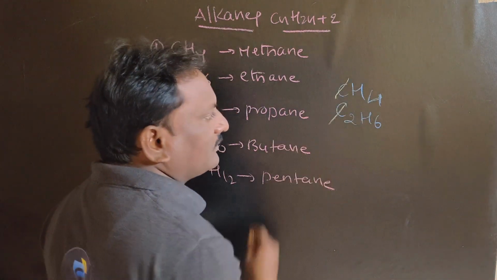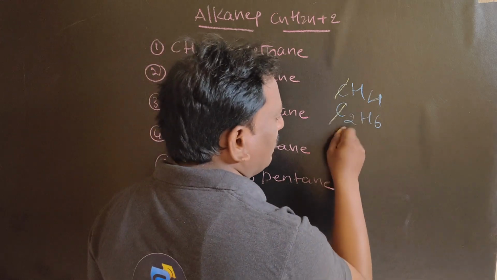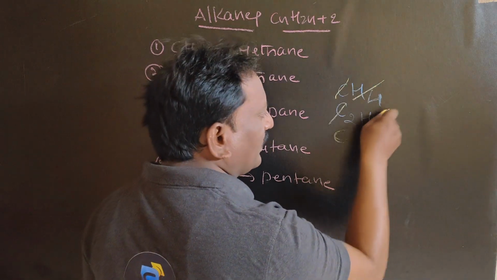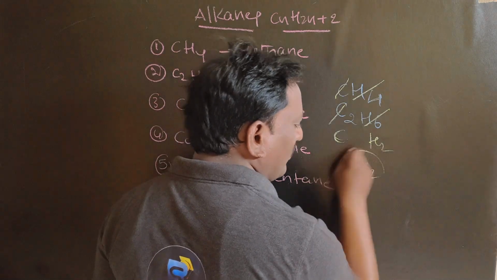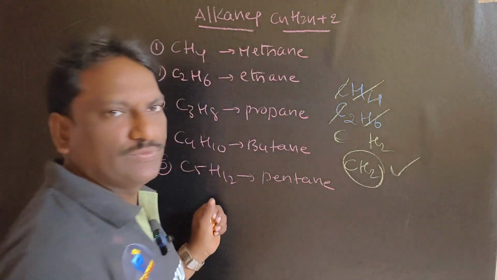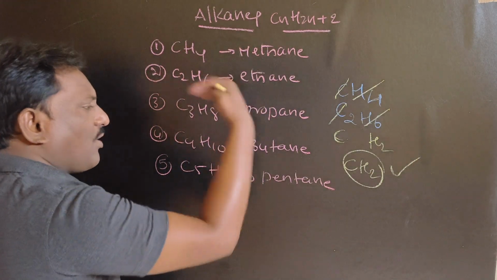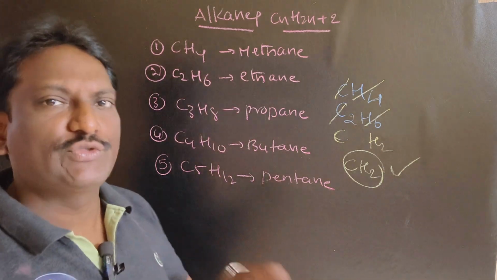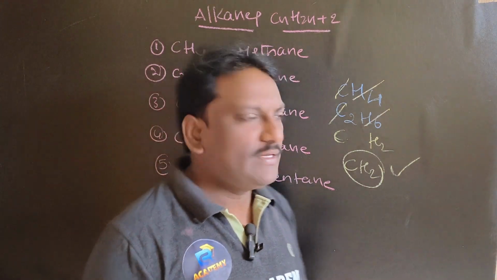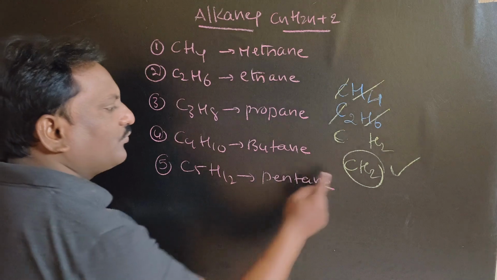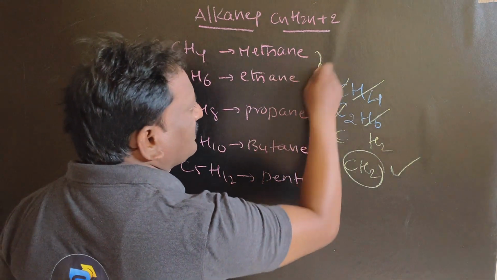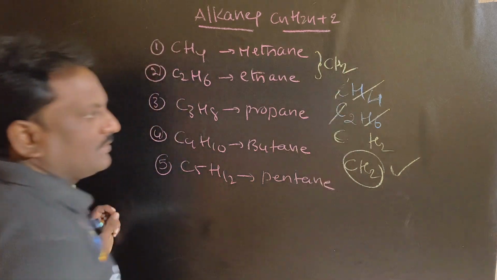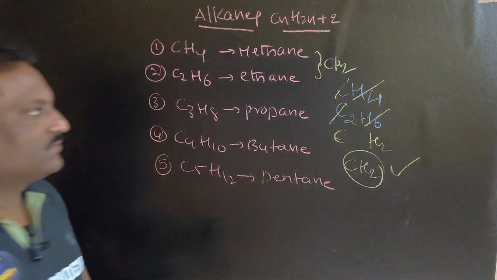One carbon is added, and hydrogen goes from 4 to 6. The difference between these two compounds is CH2. Successive compounds differ by a CH2 group or 14 grams by mass.